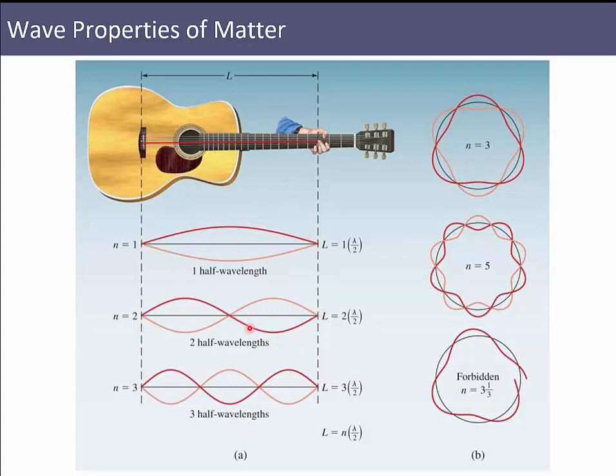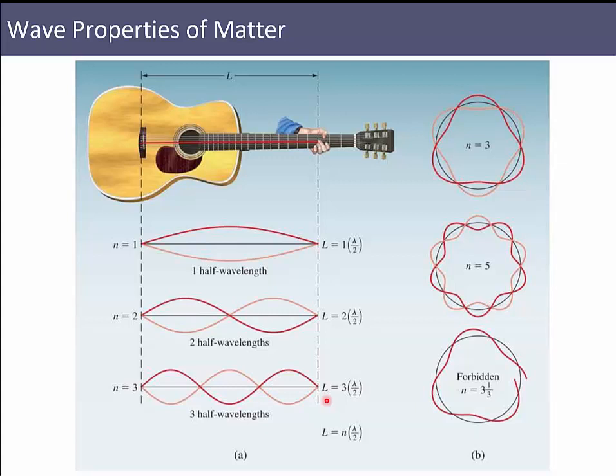You can have two half wavelengths, with a node in the middle. You can have three half wavelengths that fit. But if you try to do 3 1/3 or 2 1/2 or some arbitrary number where they're not going to be able to double back on each other like this, you're not going to be able to support that.